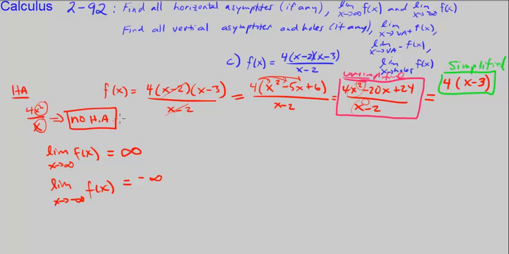Anytime the limit of our function f as x approaches infinity equals infinity, we know that the limit does not exist, because we're happy to say it's equal to infinity, but infinity is not a number.